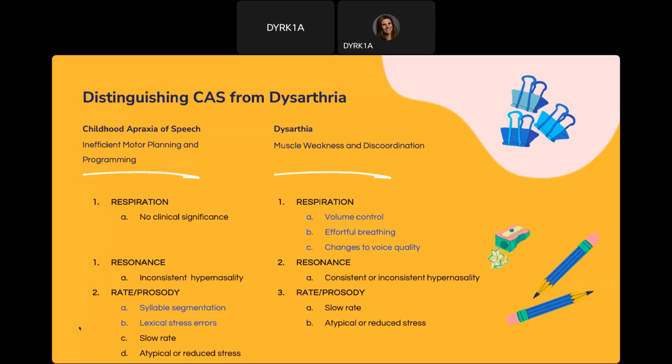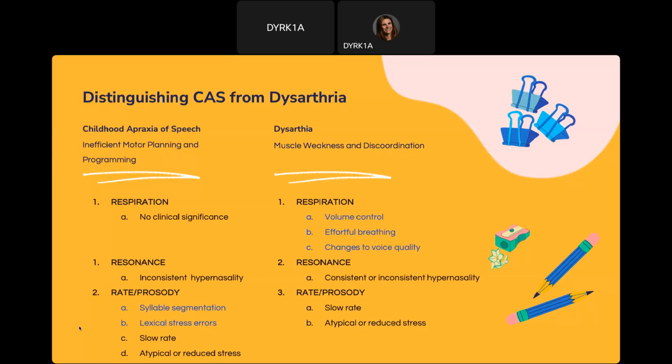We might have effortful breathing, so we just don't have enough breath to really sustain all the words and the exhale that we want for communication. And then we might also have changes to voice quality. So this goes back to the movement of the veil at the back of the throat. It's going to block off the nasal cavity or open the nasal cavity, depending on what sounds we are producing.